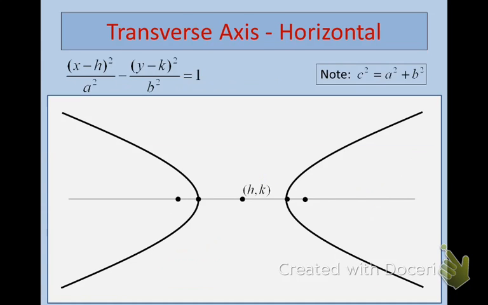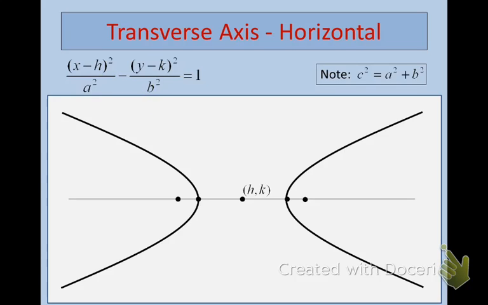All right, so the transverse axis, when it's horizontal, and this is where the difference is, so let's look up at this equation really quickly. How is this different from an ellipse's equation? You're subtracting, right?